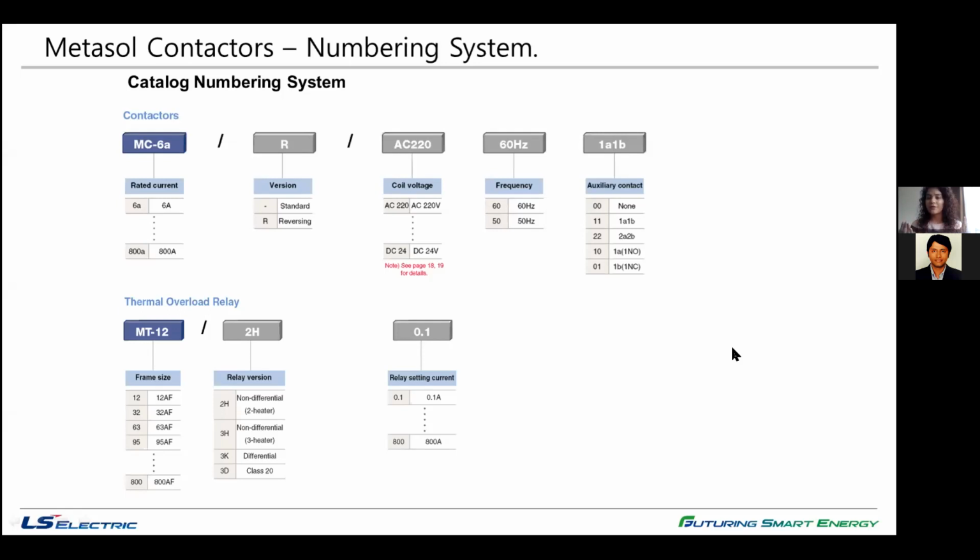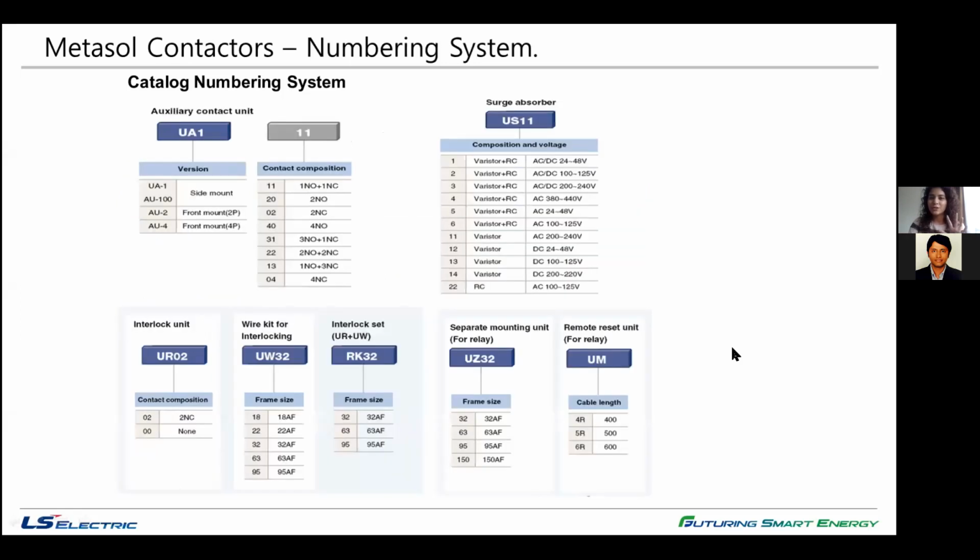In differential, we have a phase failure detection, and in non-differential we do not have. That's the main difference. So based on your application, you can select that. And lastly, relay setting current. So this is just for your reference. Even for the auxiliary contacts and the accessories, we also have the numbering system. You can always refer to this through our catalogs. It's very easy, user convenient.